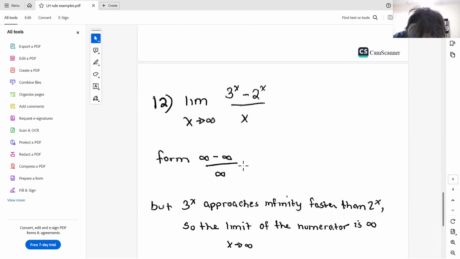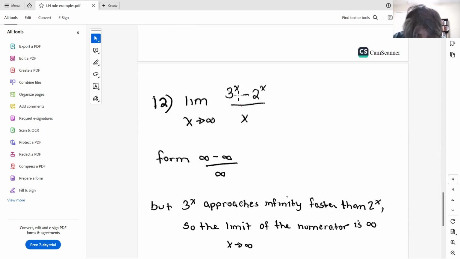Again, it's the form infinity minus infinity over infinity, and I wasn't sure if we were supposed to somehow show that this, it's fairly apparent from either looking at the graph or thinking about what you know about the behavior of these functions, that if x is going to infinity, 3 to the x is going to approach infinity faster than 2 to the x.